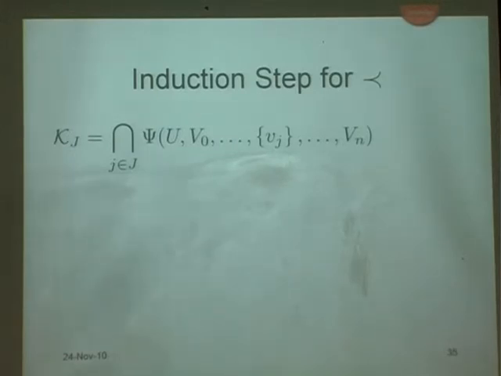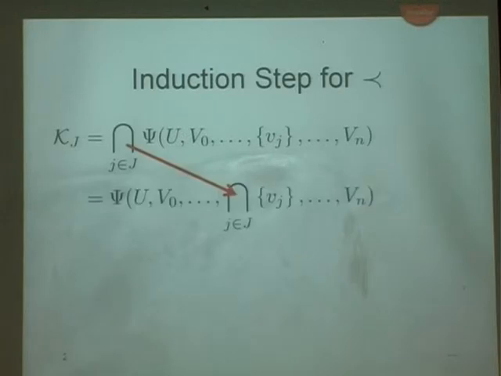So this is basically symbol manipulation. So k of big J is the intersection of the k of small j's. And so all of these things, you can move the intersection sign in here, because that's the rule for intersections of pseudospheres. And then since these are singleton sets, their intersection is empty because they're all distinct.